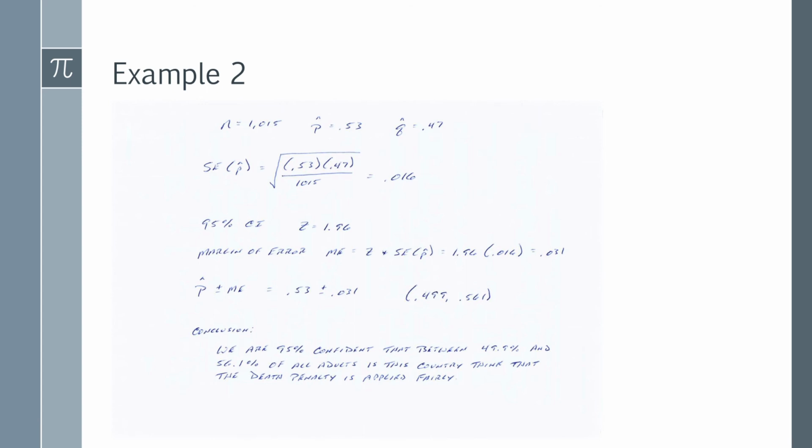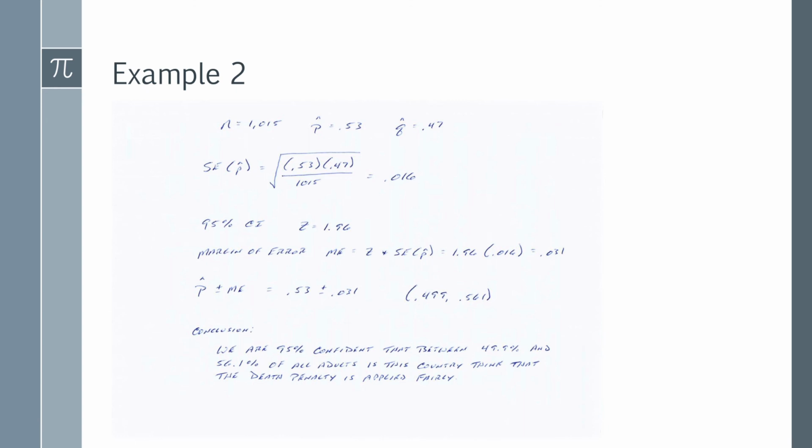We calculate our margin of error as 1.96 times 0.016, and that gives us 0.031. So our confidence interval is our p hat, the 0.53, plus or minus our margin of error, 0.031, and that gives us an interval of 0.499 to 0.561.